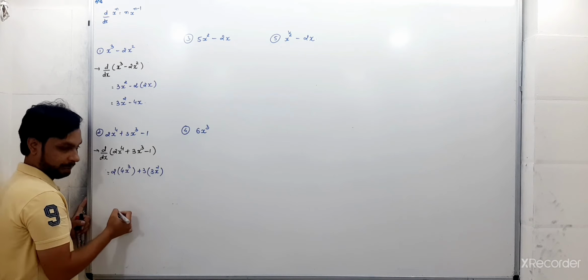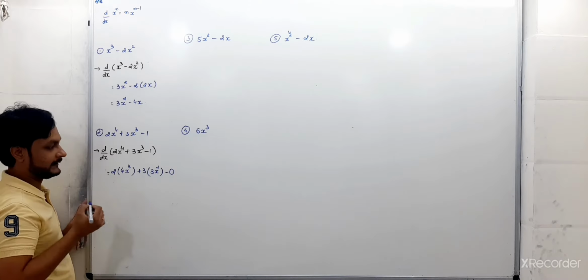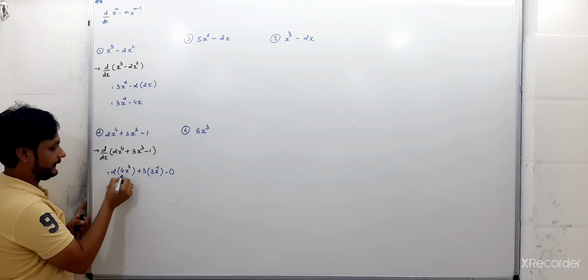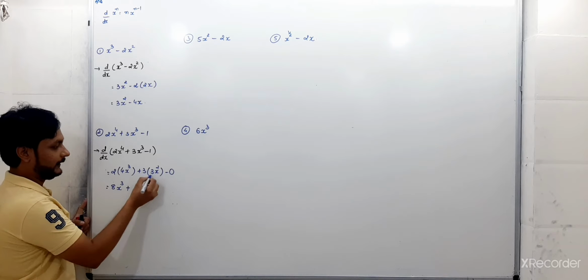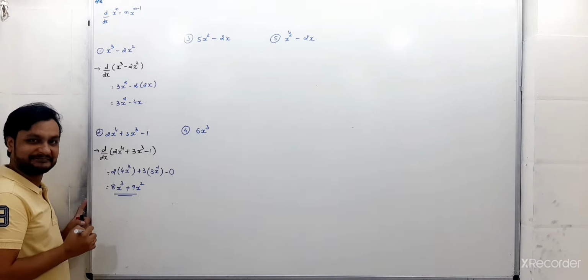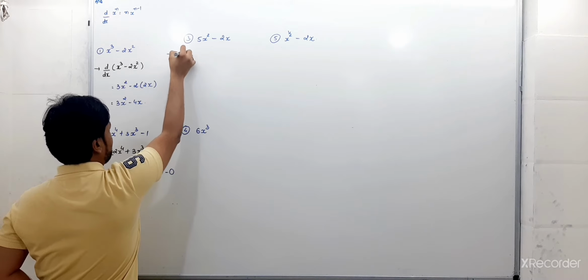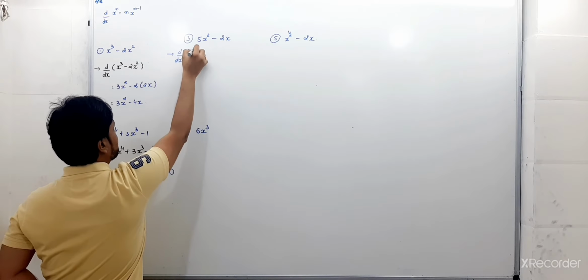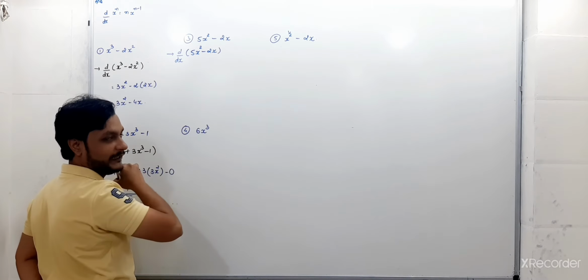This 1 is a number, so there should be no differentiation; the answer is 0. So here, 8x cube plus 9x square. This is your answer.